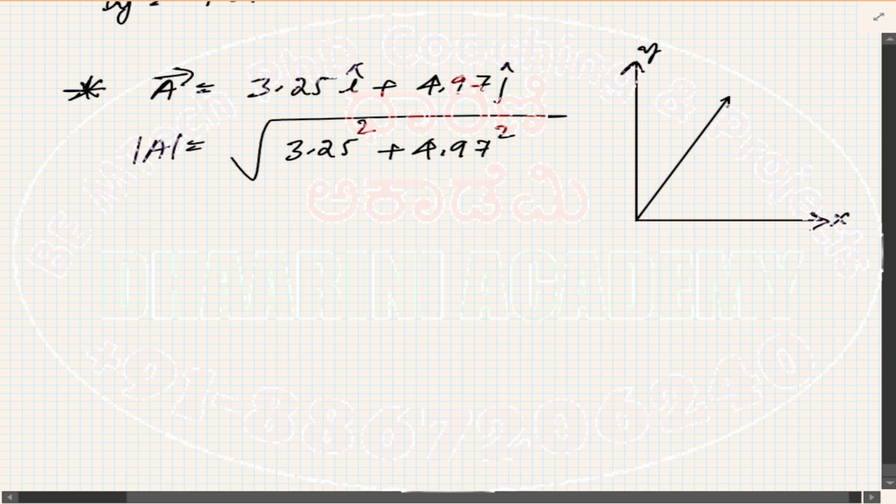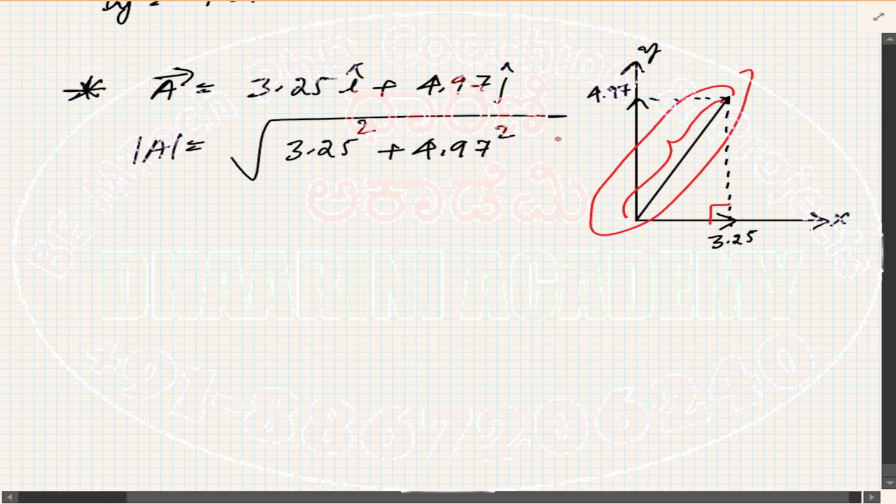This vector is represented using an x component of 3.25 and a y component of 4.97. They are asking what is the magnitude of A. That is simply this length. I know this is 90 degrees, so the horizontal distance is 3.25 and the vertical distance is 4.97. You can apply the Pythagoras theorem to calculate this distance. That's what we have done.